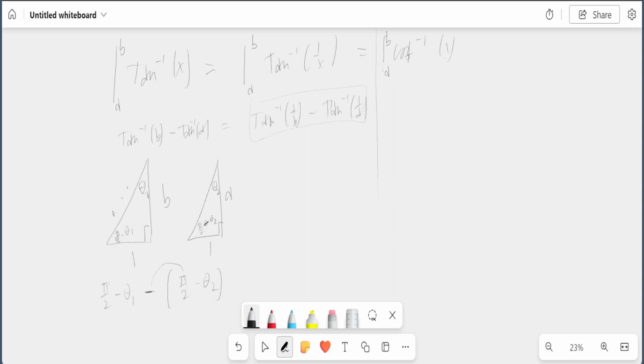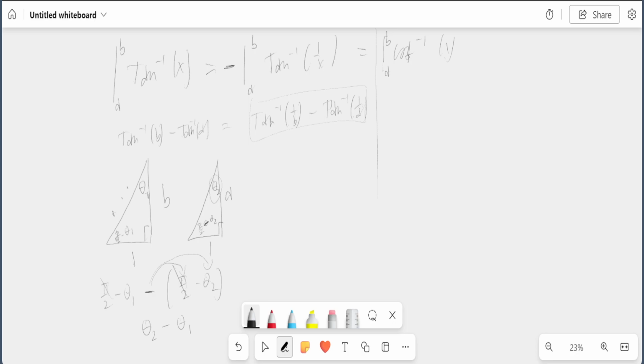So then if we distribute this out and then add, we get these two cancel out and we get pi over 2 minus pi over 2, theta 2 minus theta 1. So theta 2 is equal to, we can say, tangent inverse 1 over a, right?